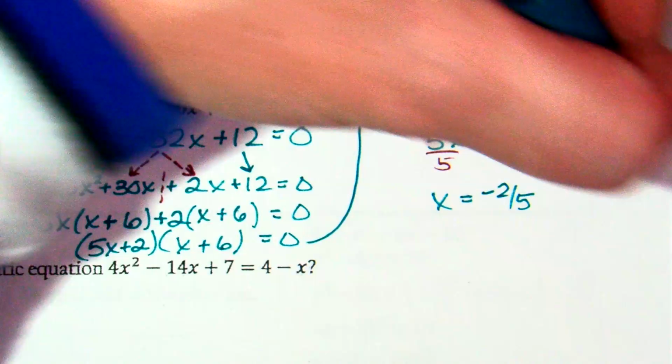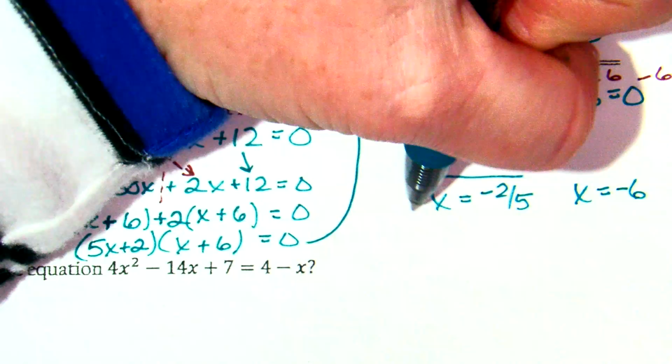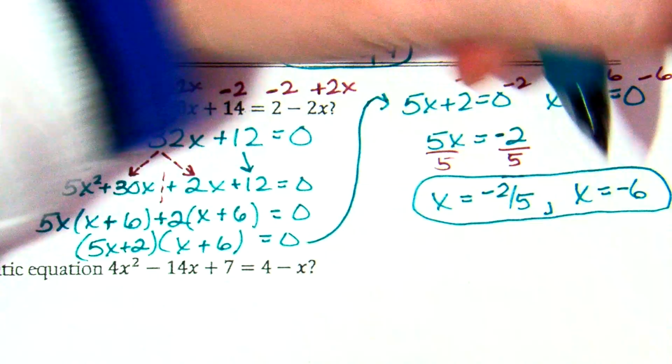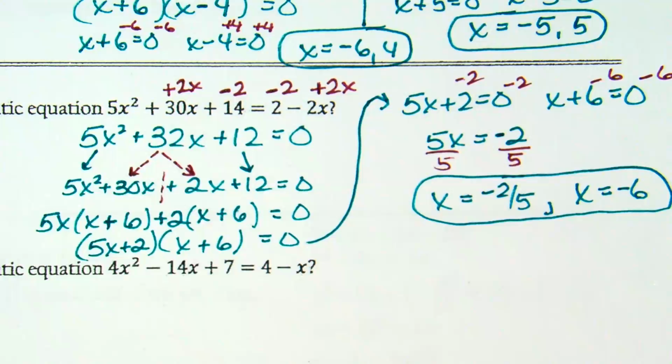On the other one, if it's x plus 6, what happened there? Subtract 6, and x is negative 6. Two answers? Negative 2/5 and negative 6.